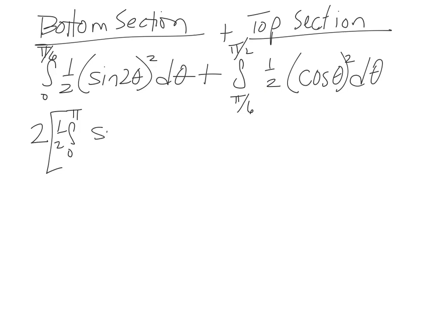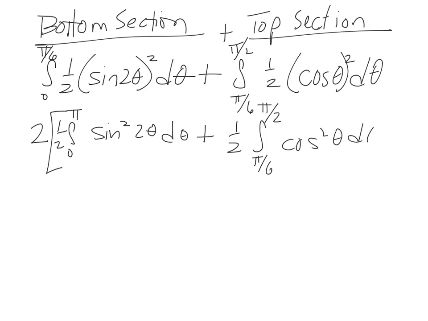Then this would be sine squared 2 theta d theta plus 1/2 times the integral of pi over 6 to pi over 2 of cosine squared theta d theta. Now notice, when I distribute the 2 into the parentheses to both terms, those 1/2s go away. So that's kind of nice.